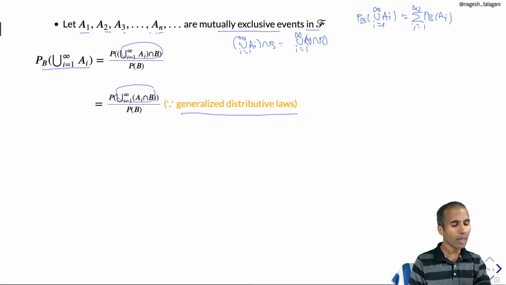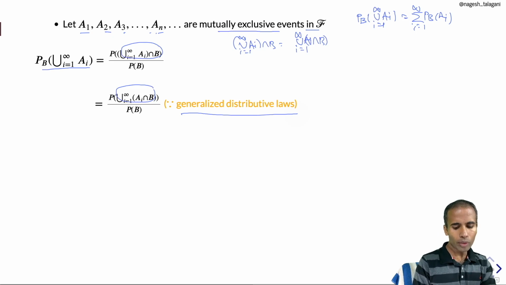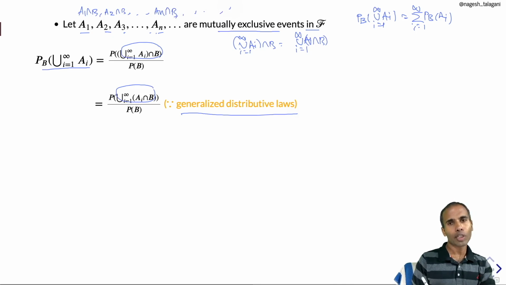Now here A1, A2, A3, and so on are mutually exclusive events. So A1 ∩ B, A2 ∩ B, and so on, this countable collection is also going to be mutually exclusive. Here we can apply axiom 3 for P, because P is already a probability measure.